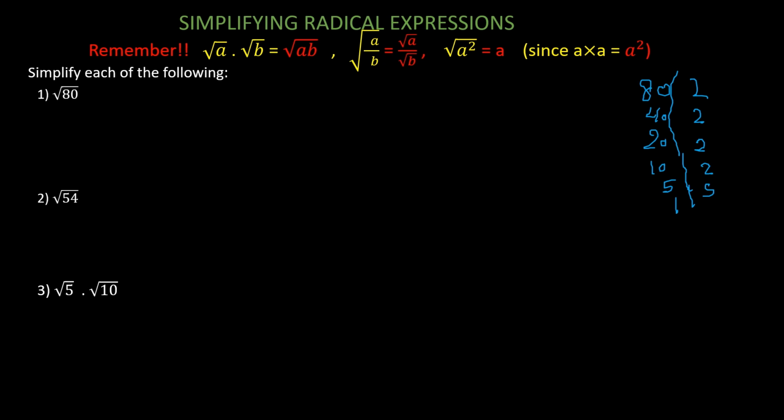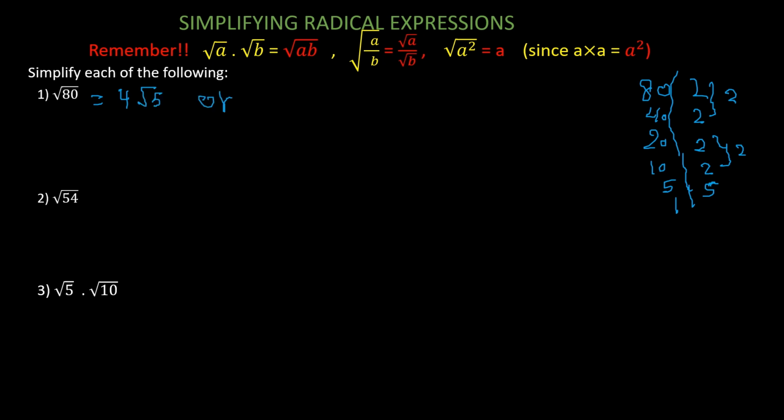Then we have prime factors 2, 2, 2, 2, and 5. To get the square root, from each two equal numbers you take only one. So you have one 2 here and one 2 here, and 2 times 2 equals 4. So the square root is 4 root 5, because there is only one 5.